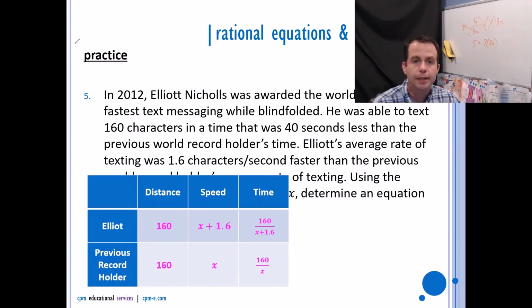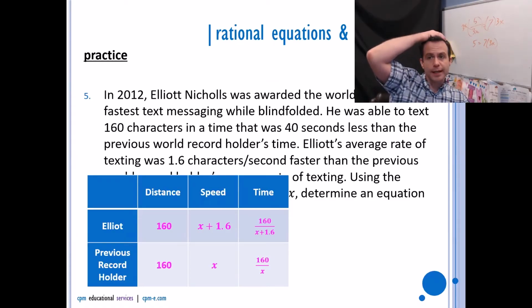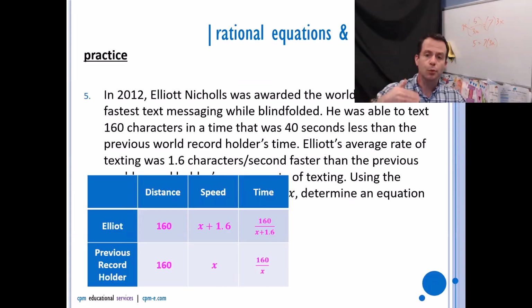All right, now, the last piece of information that we haven't dealt with yet is actually what makes the equation. Elliot's time is 40 seconds less than the previous world record holder. So this number is 40 seconds smaller than this number.